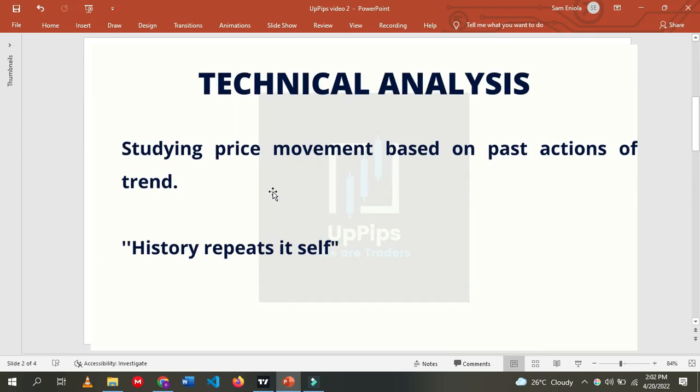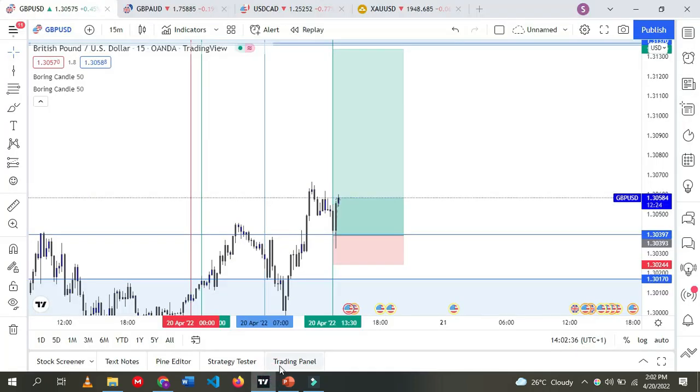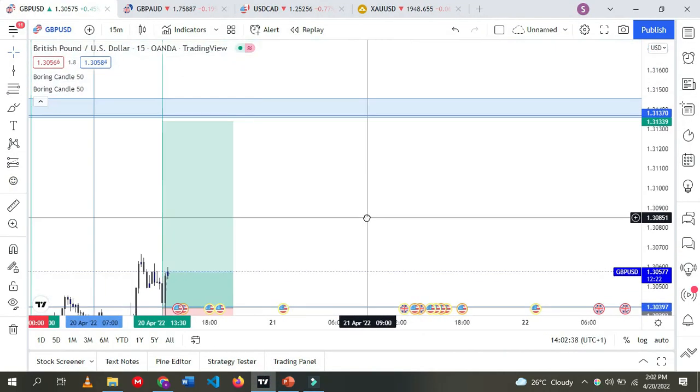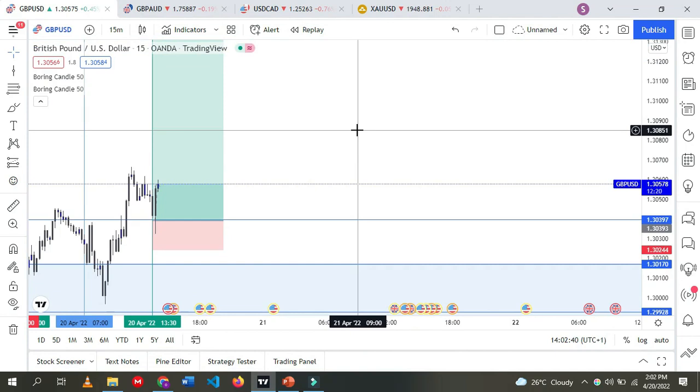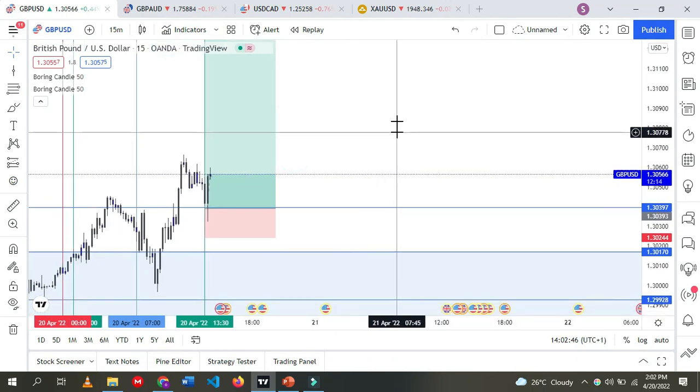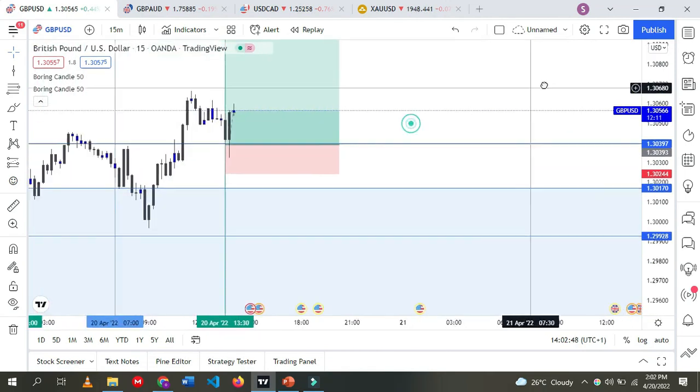So to start, let's talk about technical analysis more. When we're talking about technical analysis, we are going to be using our chart majorly. Pure price action. The action of price based on major trends. Imagine this kind of trade.